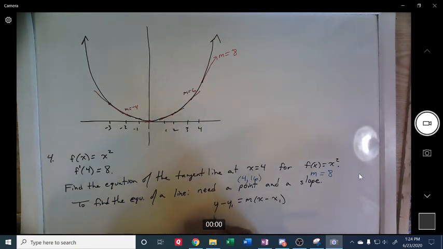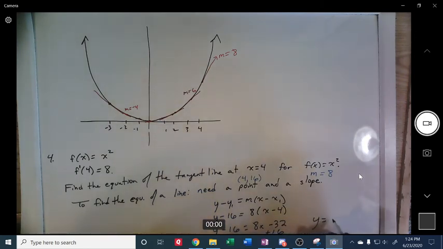So y minus 16 is 8 times x minus 4. y minus 16 is 8x minus 32. Add 16. We get y equals 8x minus 16. Okay.